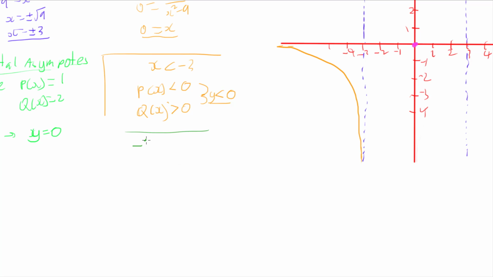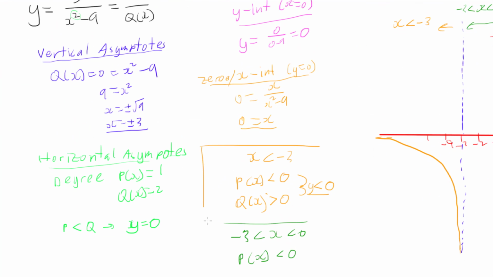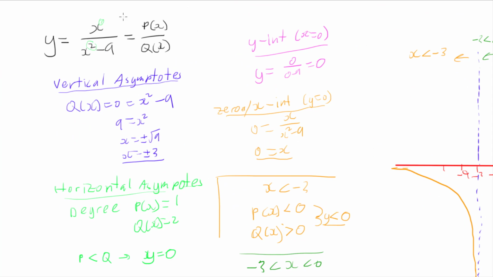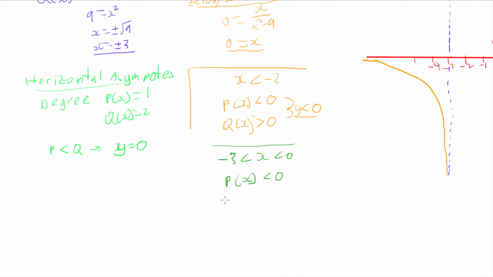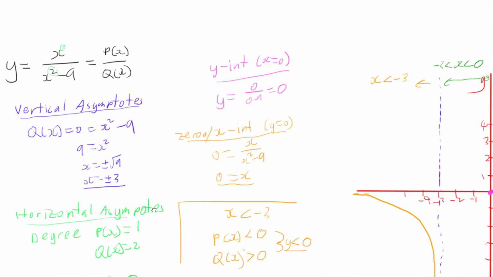So when we're between -3 and 0, what does p of x look like? Well, it's still negative because it's just x and we've still got negative x values. What does q of x look like? So q of x is x squared take 9, so thinking about this, I'm going to be getting small x squared.